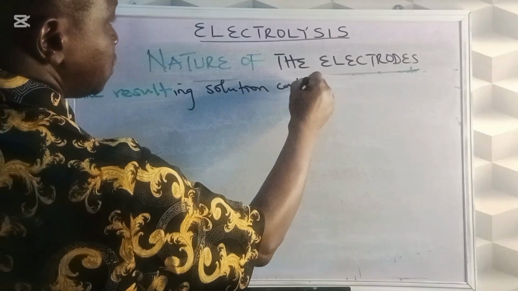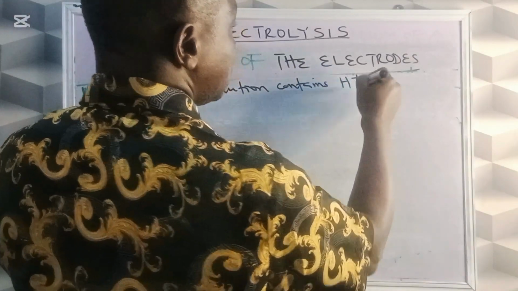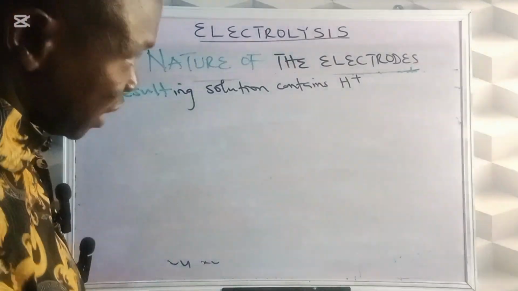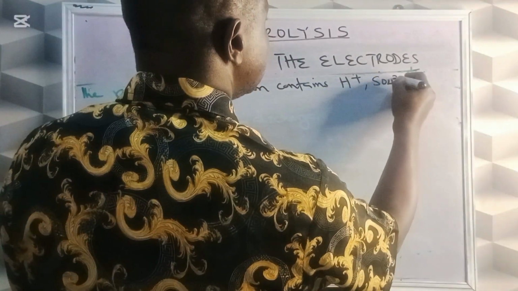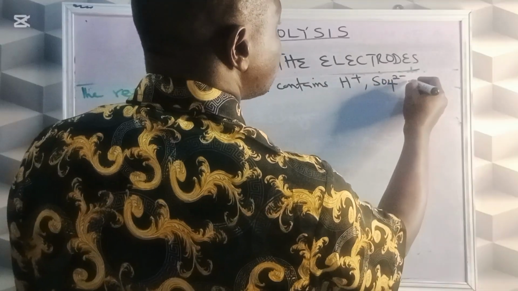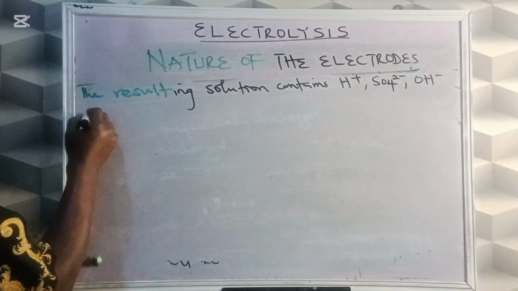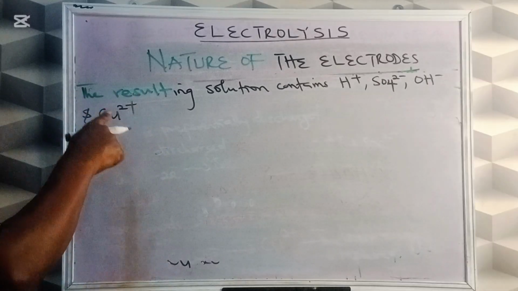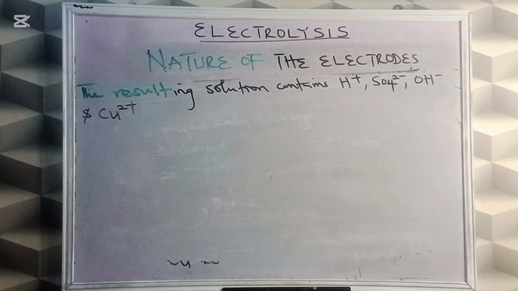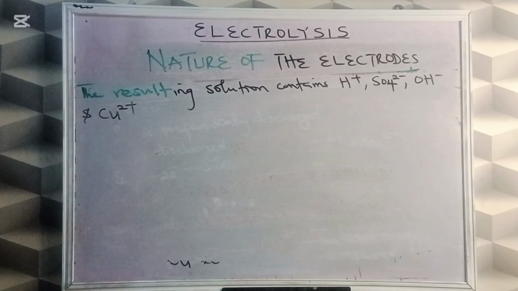The resulting solution contains the following. It will still contain hydrogen ion, because at the cathode copper 2 ion has been discharged. At the anode, no ion is discharged, so SO4 2 minus and OH minus are still contained. The copper 2 ion is discharged at the cathode, but the anode dissolves into the solution to form copper 2 ion, so we still have this.